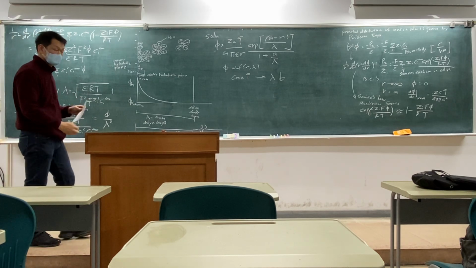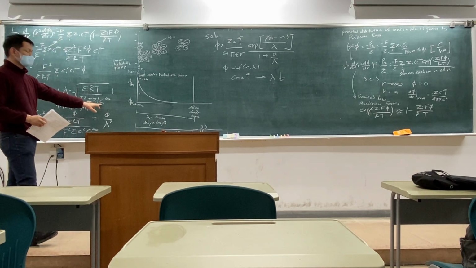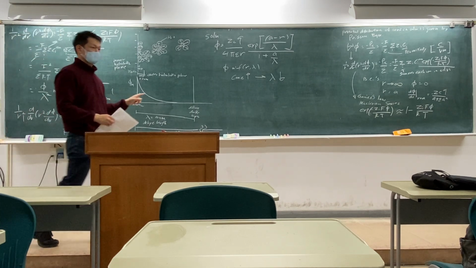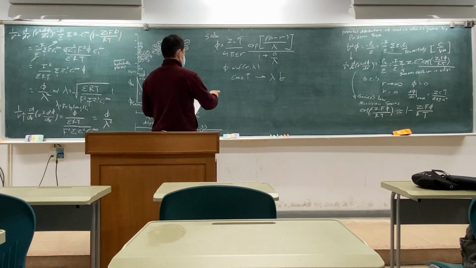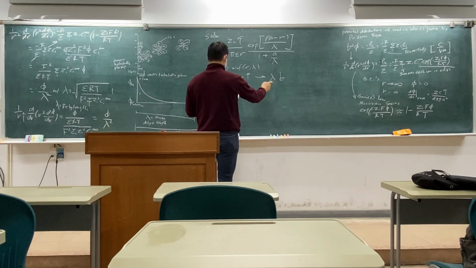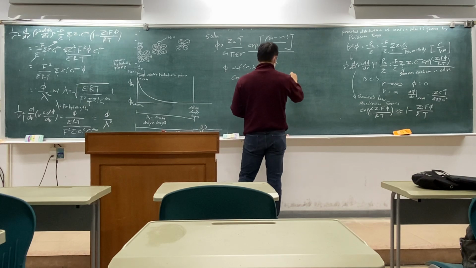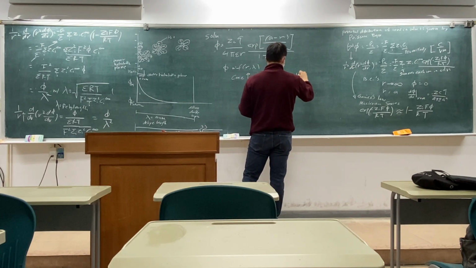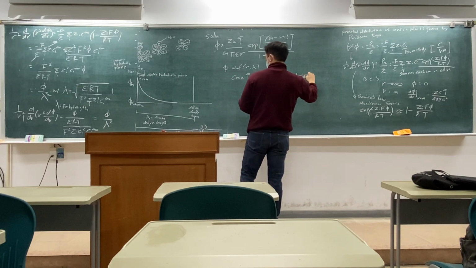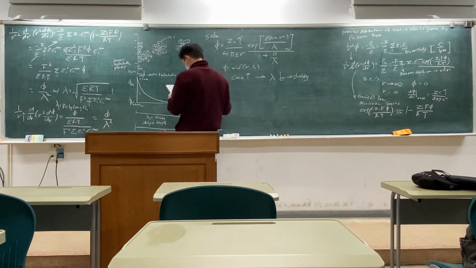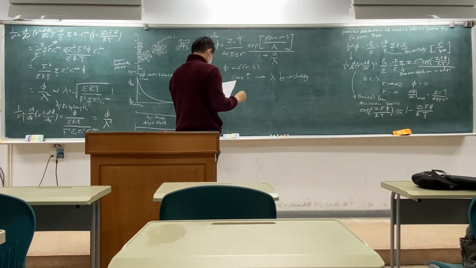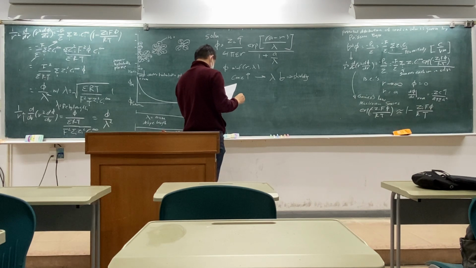With this number becoming bigger, lambda is going to get smaller. So lambda is going to become smaller, and this will result in shielding.